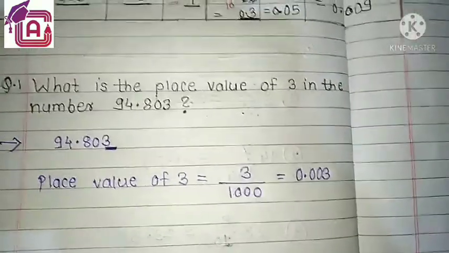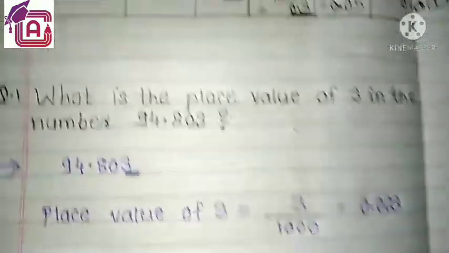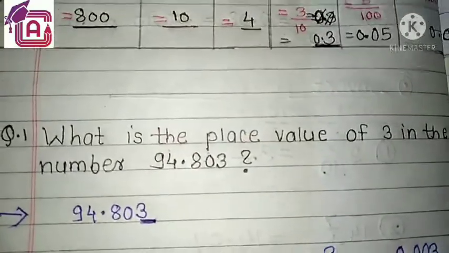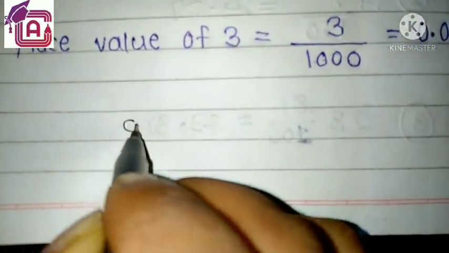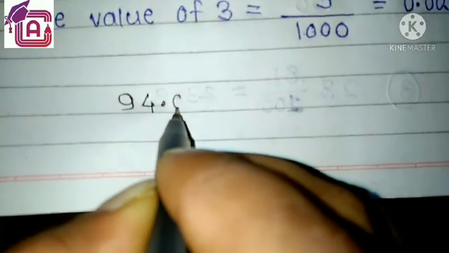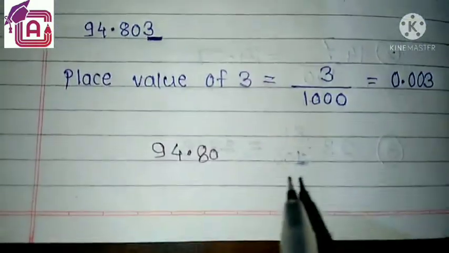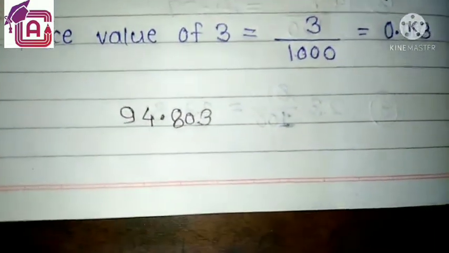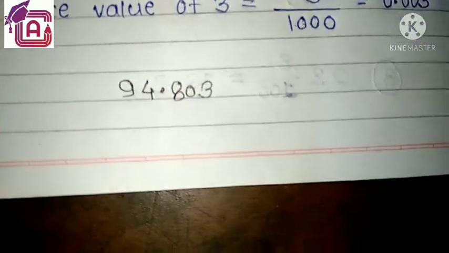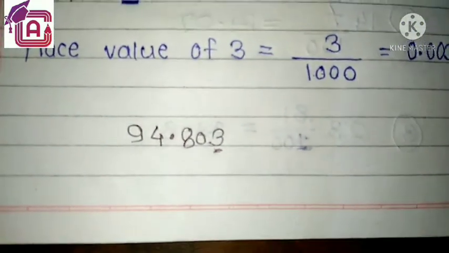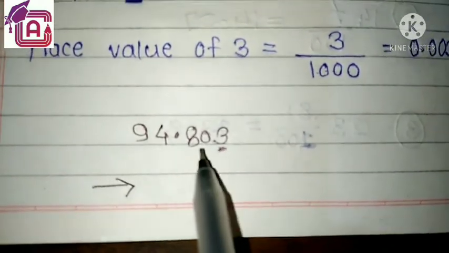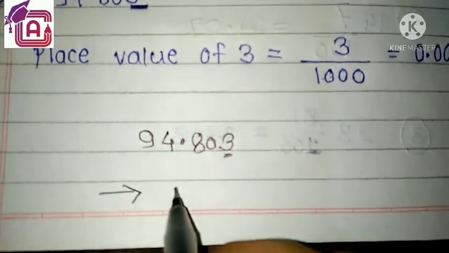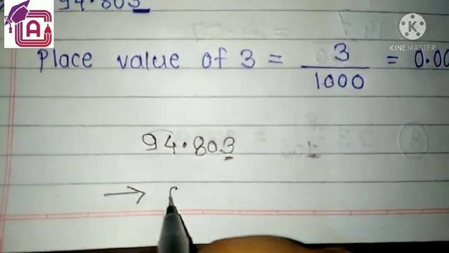So one shortcut trick is also there. What we have to do? Check the number. I am showing you here one shortcut way. So our number is 94.803, and we have to find out the place value of this 3. First, for this complete number, write down 0 here.